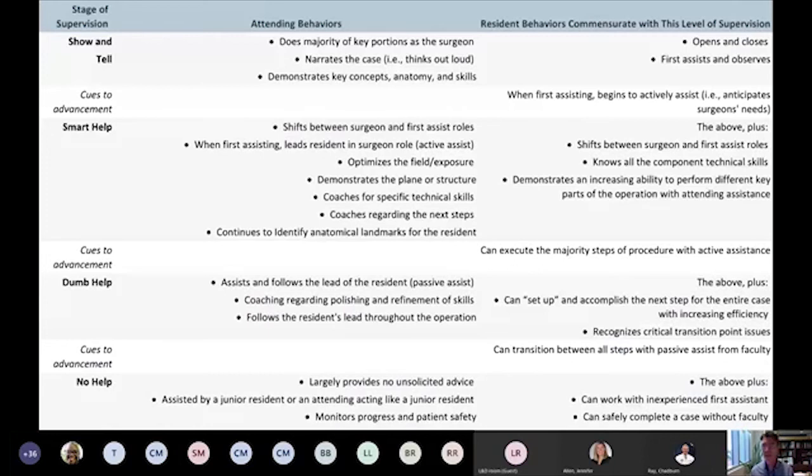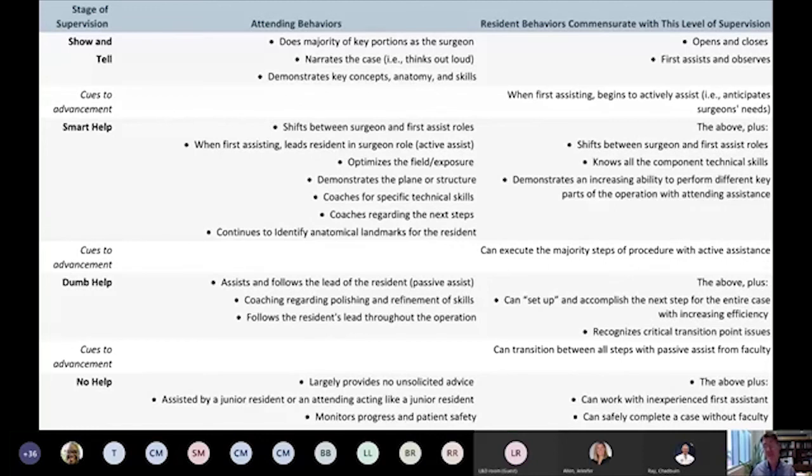And there is a surgeon who tried to take some of that model and break it down to what the resident needs to do and the level of supervision that matches it. These are very broad, but I like that there's a model to it.